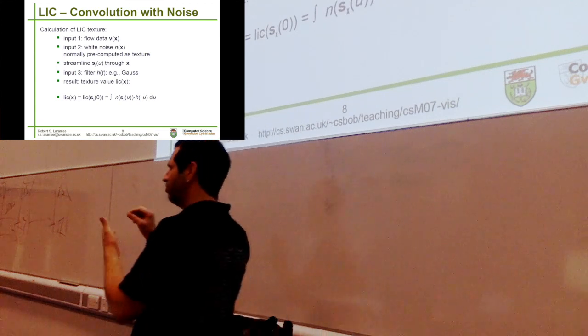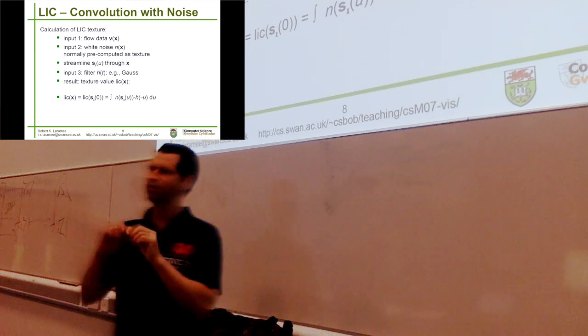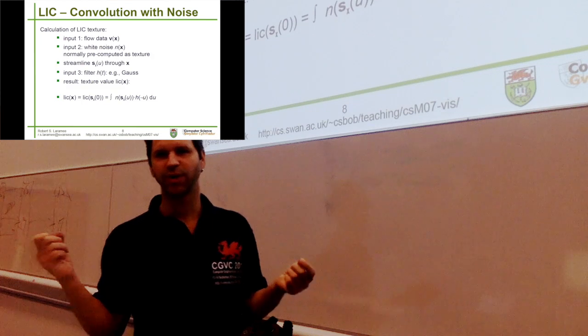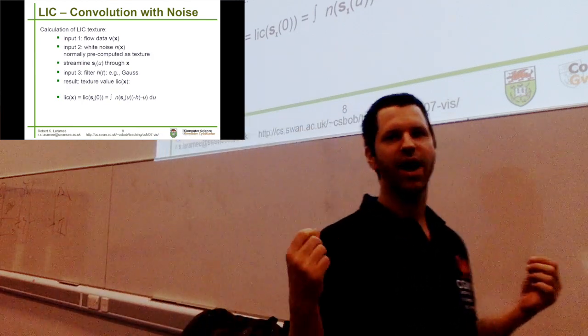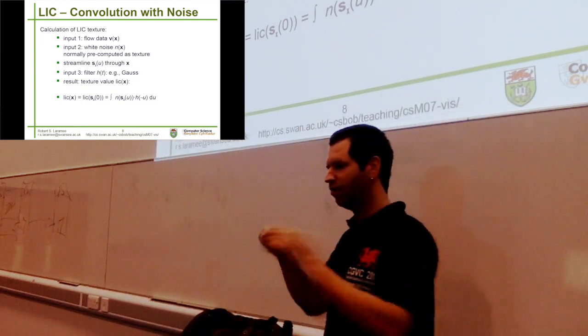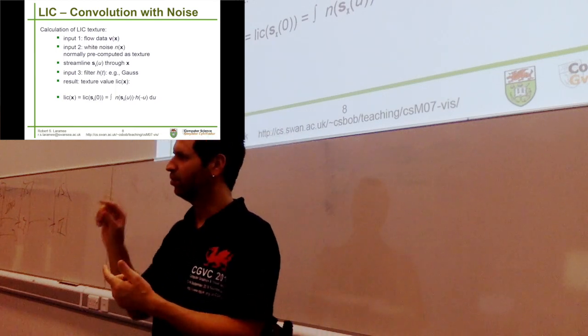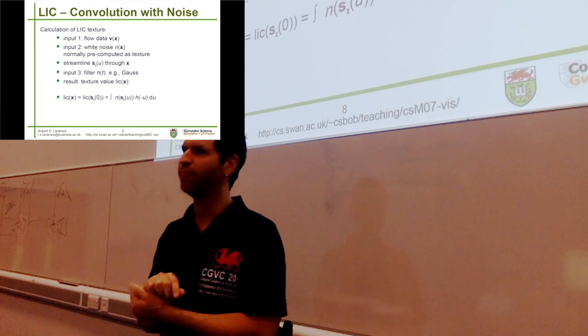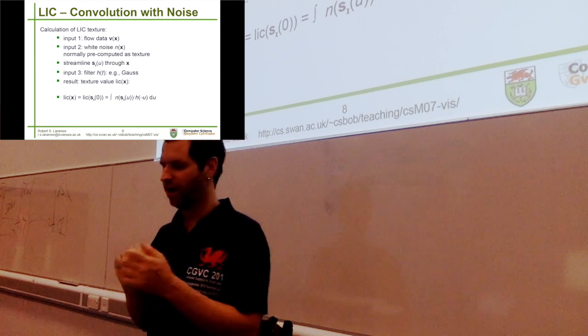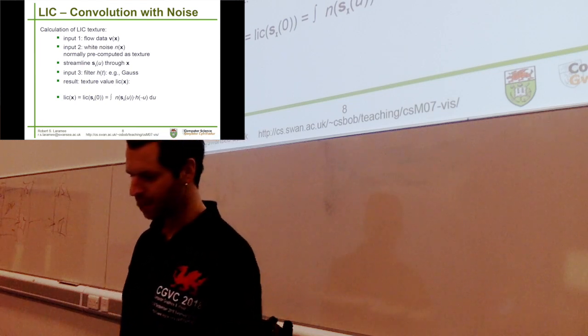And along the streamline, we sample the texel values of our neighbors, and we compute a weighted average of those values, and we store them at the point. So it's a big for loop that computes texel values one by one, and they're the weighted average of our neighbors along a streamline.